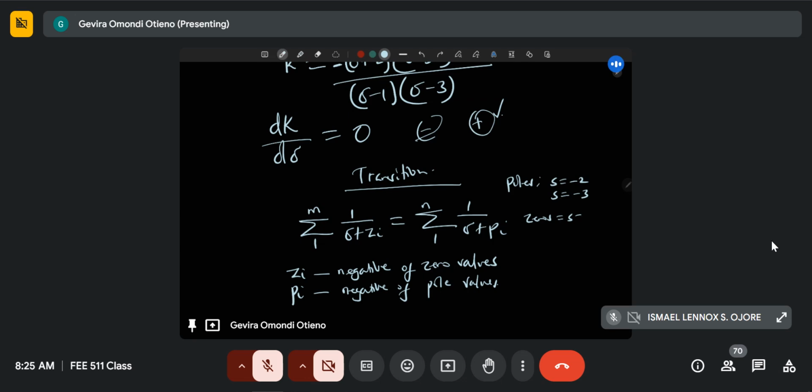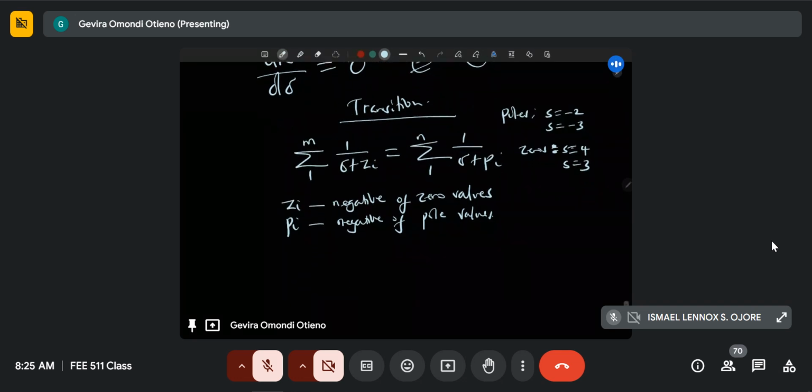S equals 4, s equals 3. I'm just giving arbitrary values. So what we are saying here is we have to take all the finite poles and zeros. We are only summing up the finite, not the infinite ones.